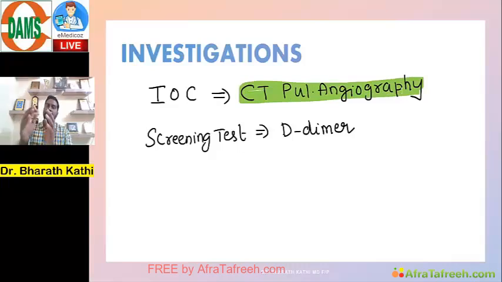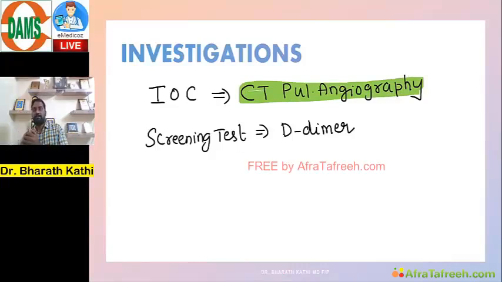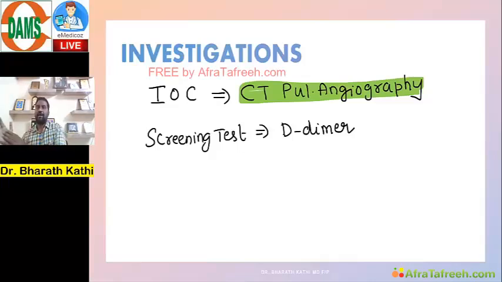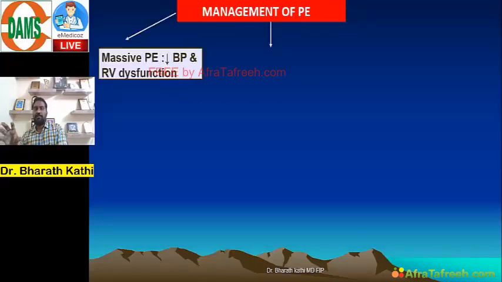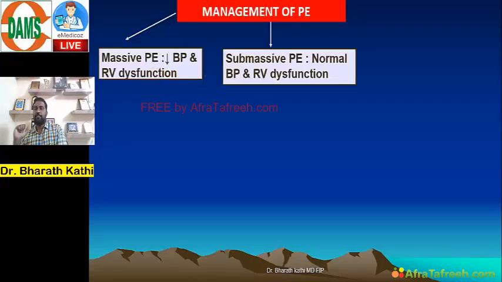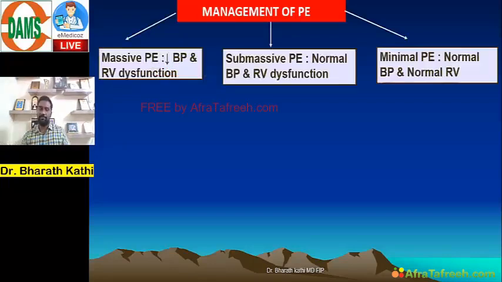Now you have identified a patient suspicious of pulmonary thromboembolism. Now how will you plan the treatment protocol? They will ask you, this is a case with symptoms suggestive of pulmonary thromboembolism, what will be your most appropriate next step? For this you should know the algorithm. Are you dealing with a massive, a submassive, or a minimal pulmonary embolism?